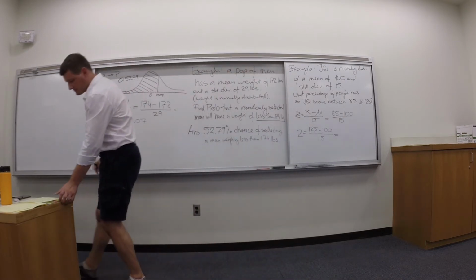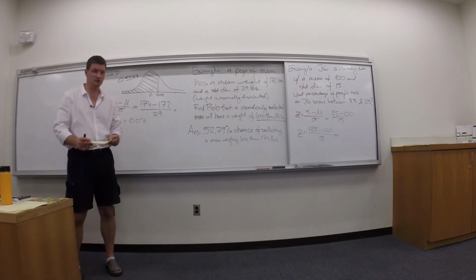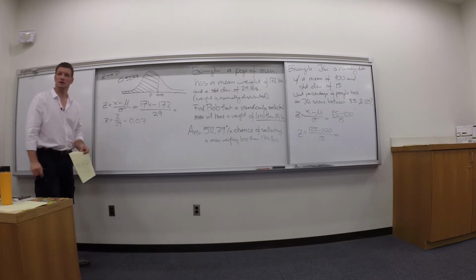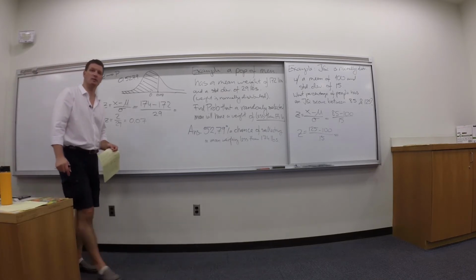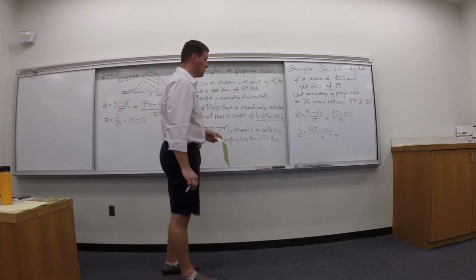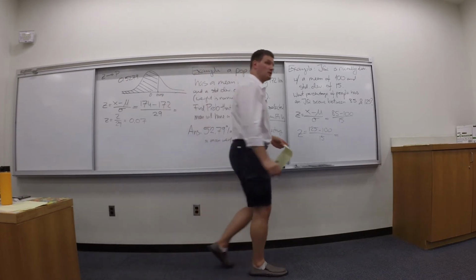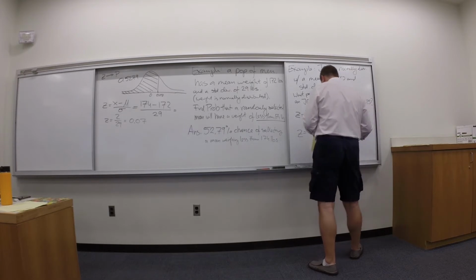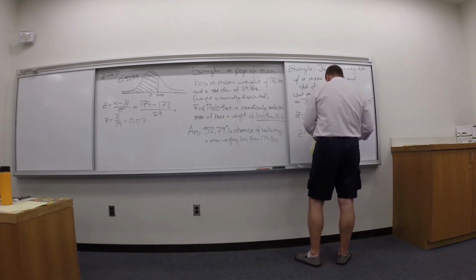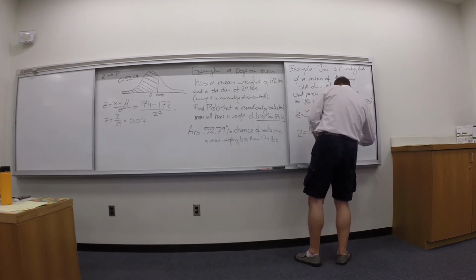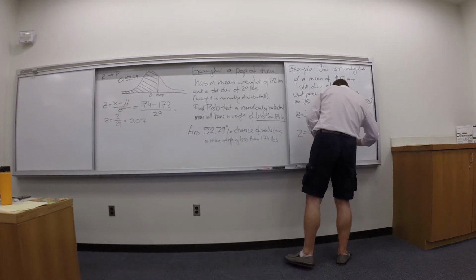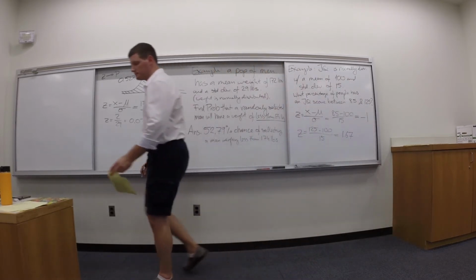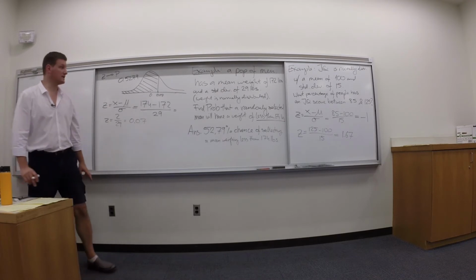And we're looking at two decimal places, because our z-score table has two decimal places. So 85 minus 100 is minus 15, divided by 15 is minus 1. 25 divided by 15 is 1.67. So we calculate the z-scores.